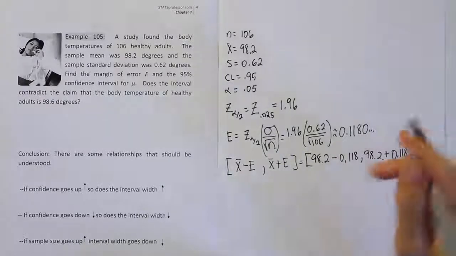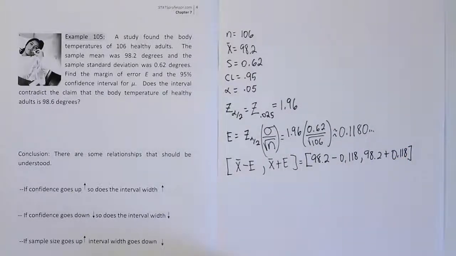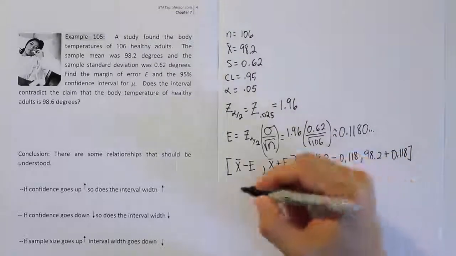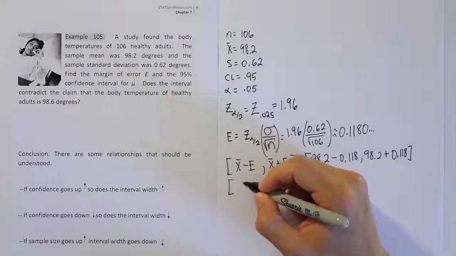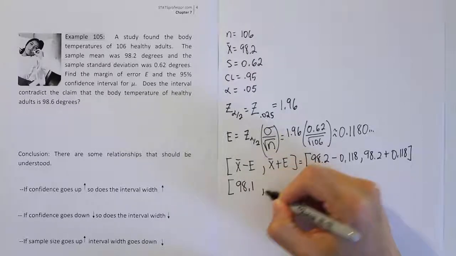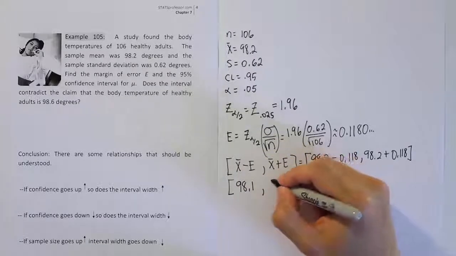I'll close it up, and let's see what that gives us for the answer. I'm going to go ahead and round that off to the same decimal place that I have for the sample mean. So my final result works out to be this: 98.1 degrees up to 98.3.